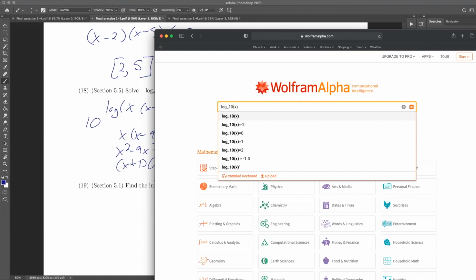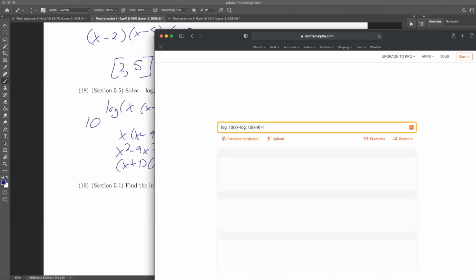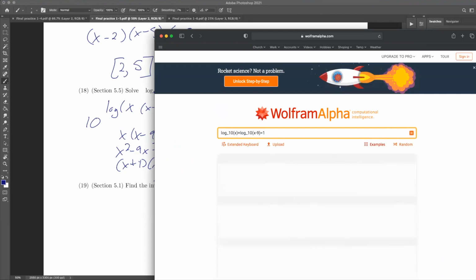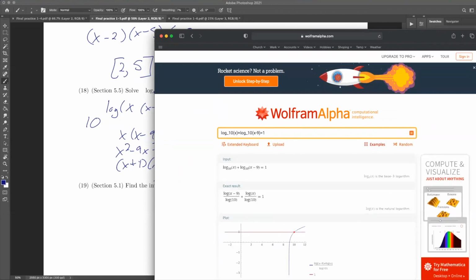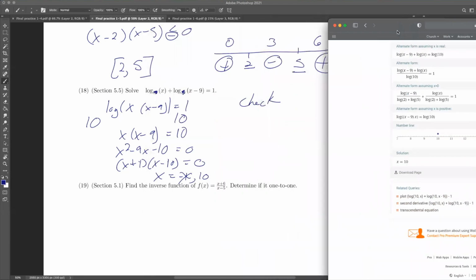So always type in log base 10 in Wolfram Alpha, just to be careful about it. If not, you'll get wrong answers. x minus 9 equals 1. All right, crunch it through. And here you see our solution is indeed 10. Okay, so that's just a way of checking.